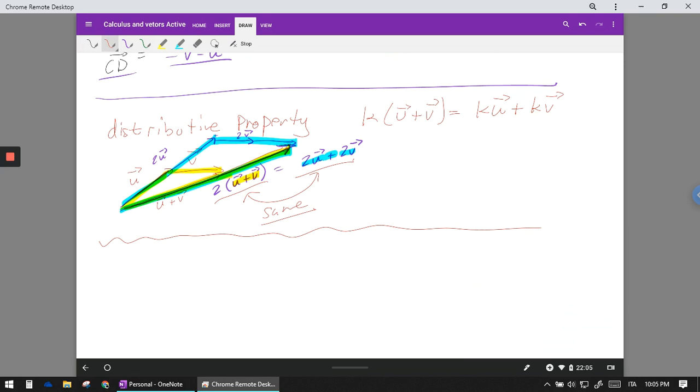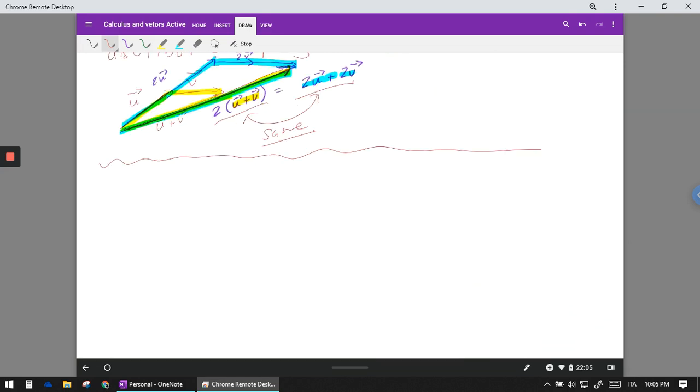There's also something called the associative property, and that basically looks like this. Let's say I've got an m vector and I need another... Oh no, sorry.